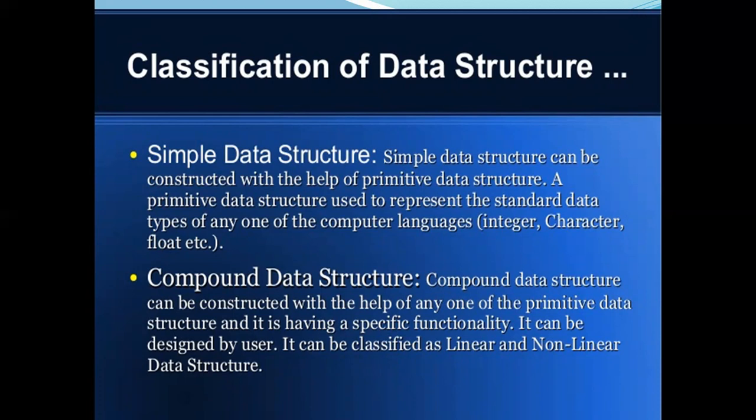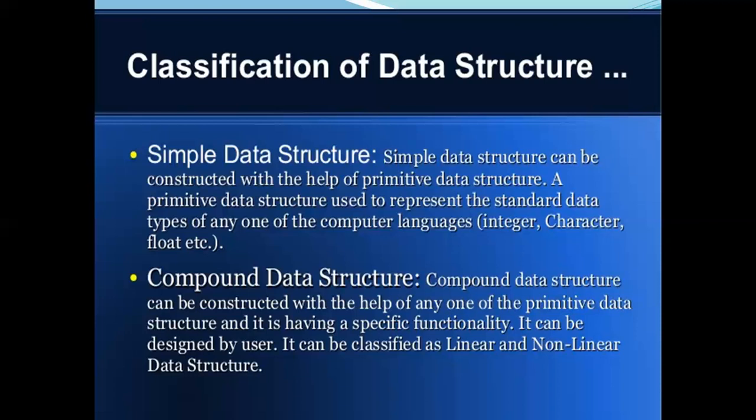So with the help of simple data structure, we can design the compound data structure. That means using the data structure of integer, we can design stack organization programs or queue programs, like array programs. So using the simple data structure, we can design compound data structures.